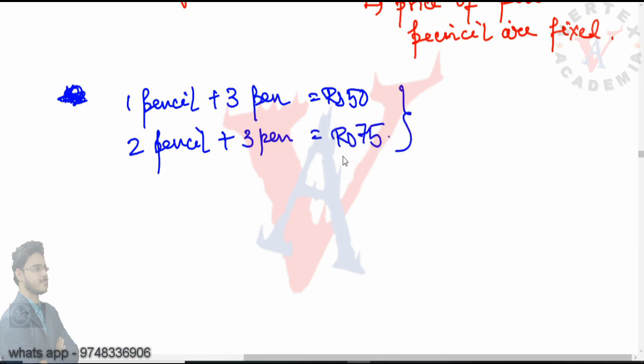So the price of a pencil plus the price of 3 pens is rupees 50, and the price of 2 pencils and 3 pens is rupees 75.